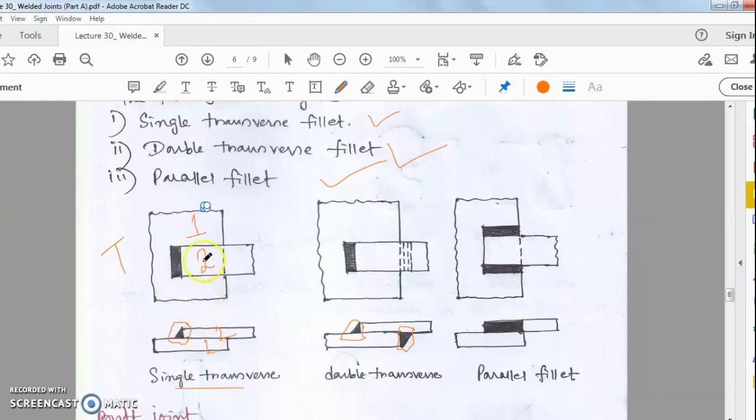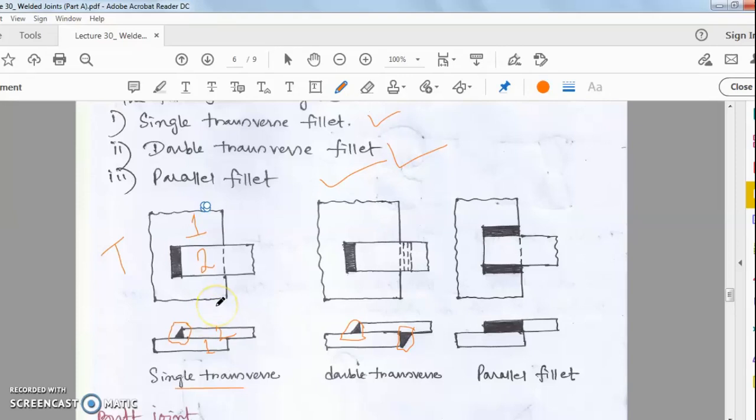So in the plan drawing, you see that metal 2 is positioned on metal 1, and the edge is absolutely joined by welding method. Now, if you look at the elevation drawing, you can see that the cross section of this fillet is approximately triangular.